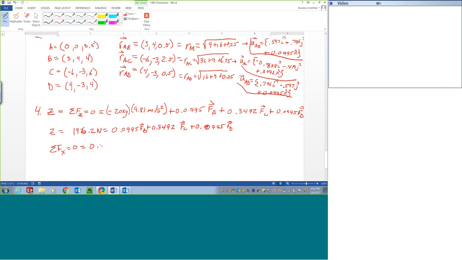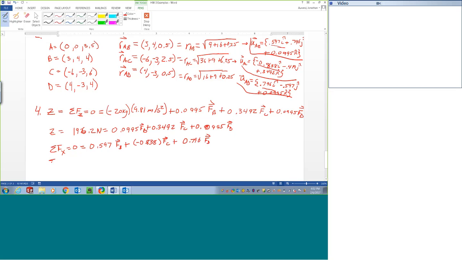We have 0.597 FB plus, in the C direction, negative 0.838 FC plus 0.796 FD. So I'm describing this component, and this component multiplying by their vectors there.